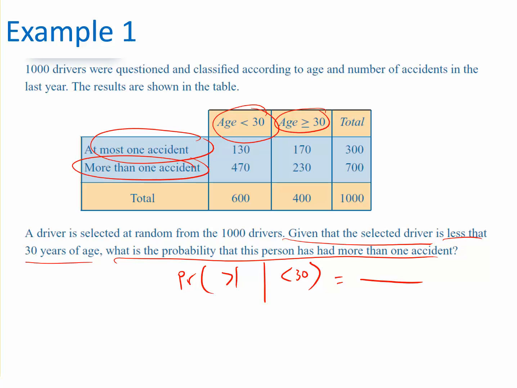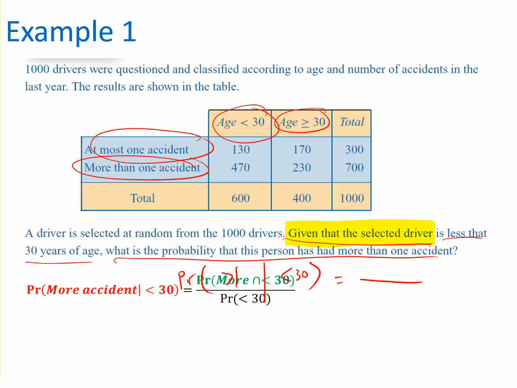Where you're less than 30, 470 of them have had more than 1 accident. So it's 470 out of 600 people, not 1,000, because 1,000 includes people older than 30. I just want to know people less than 30, and there's 600, so the answer is 47 out of 60, and you can reduce that.